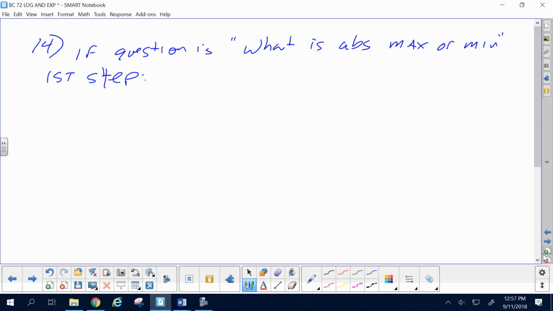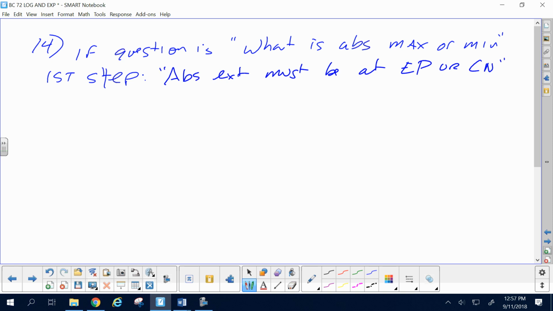Let me clarify. The first part of the EDT says there must be a min or a max if the function is continuous on a closed interval. That's good, but that's not the part I want. The part I want is that the absolute extrema must be at an endpoint or a critical number.